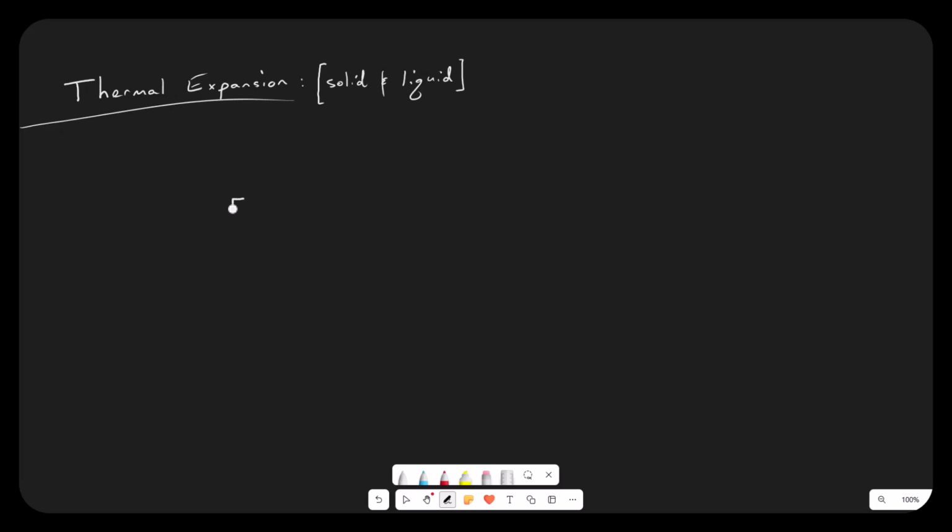If I've got a bar like this with a length of L, we'll call this thing L initial. And this thing sits at some initial temperature.